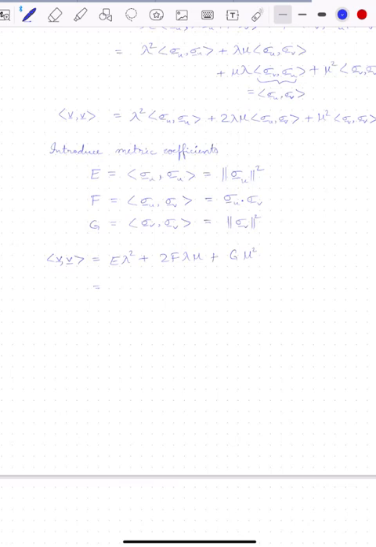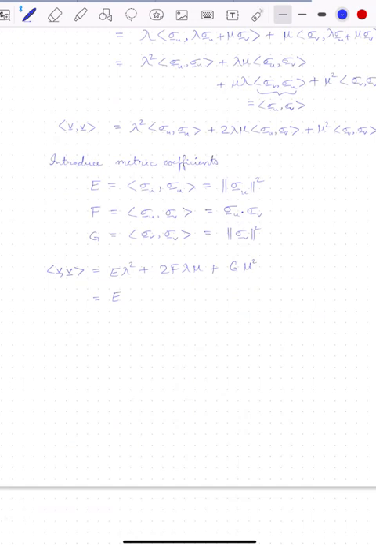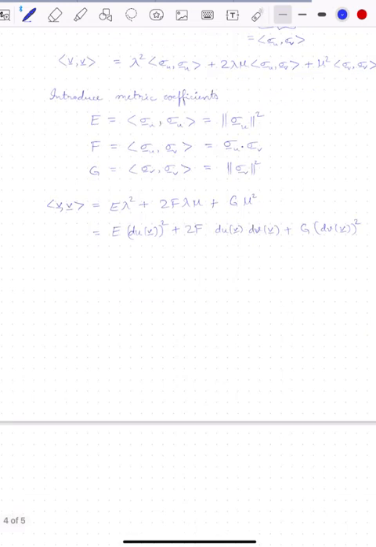And we can also write it down as, since we have lambda, we express it as du of v vector. So we can do it here as well. So we'll have du of v vector, that is lambda, and this whole squared, plus 2F. So lambda again is du of v vector. And then we also have mu, which is dv of v vector, plus G, and mu is the dv of v vector. Then we have whole square, right?